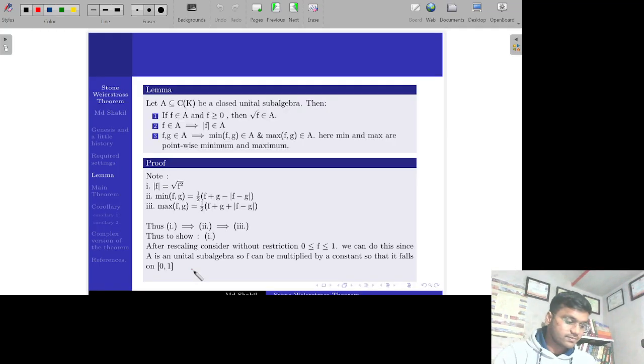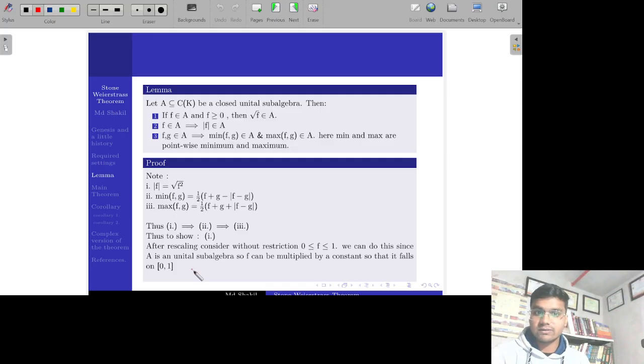So now we have done all those mathematical settings and equipment which are required to understand the proof of the Stone-Weierstrass theorem. Now I will discuss a very important lemma. We will use this lemma for proving the Stone-Weierstrass theorem.